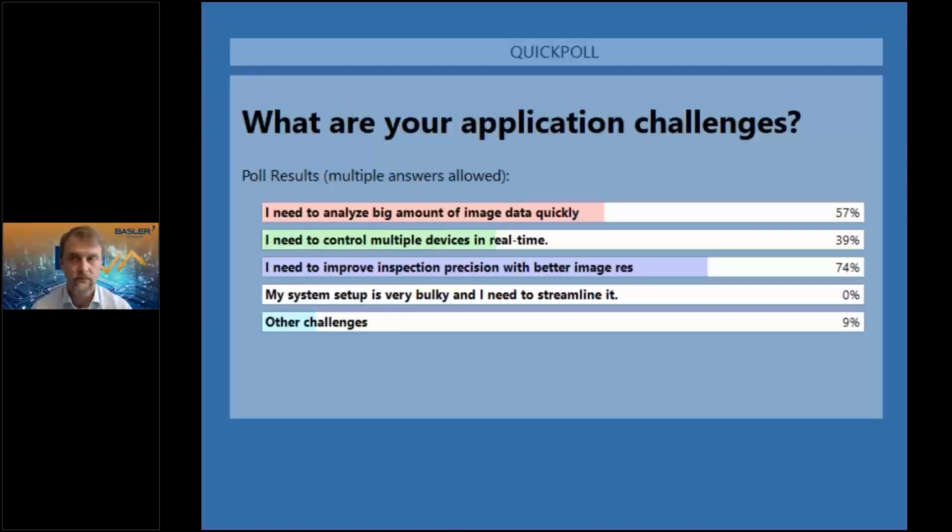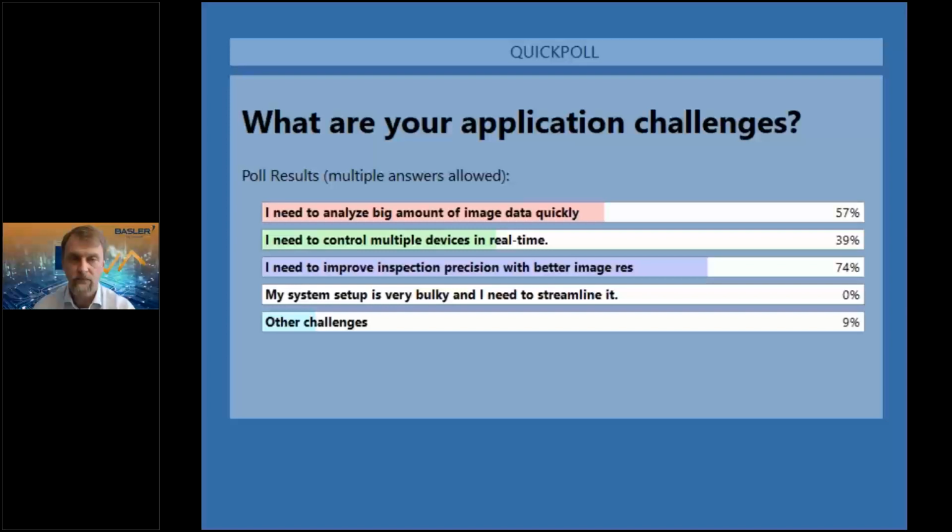Okay, thank you everyone for your participation in the poll. Going through the poll results, the highest rated choice is: I need to improve inspection precision with better image resolution.